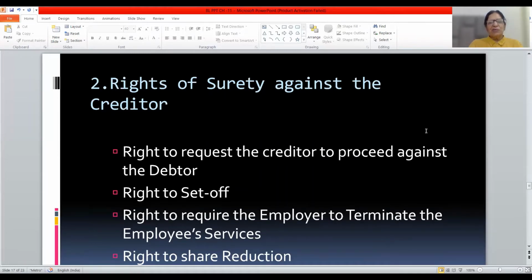Set off means right to make adjustment. Surety has a right to make adjustment. Say, let us presume the debtor has borrowed 10,000 rupees from creditor for a period of 1 month. And now debtor was the businessman. And creditor has bought goods from debtor worth rupees 1,000.